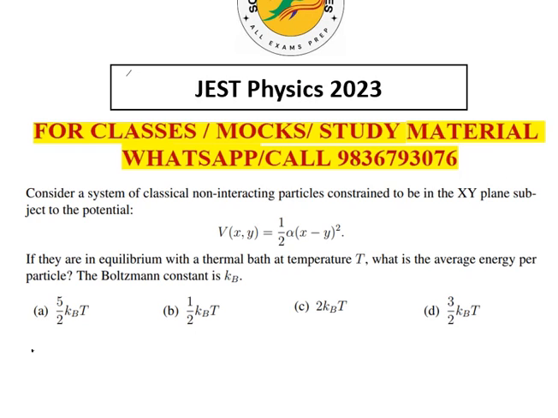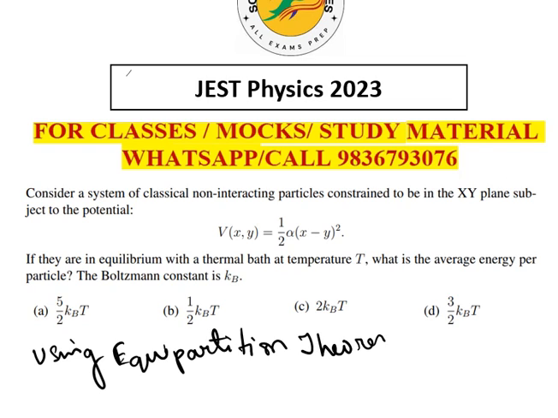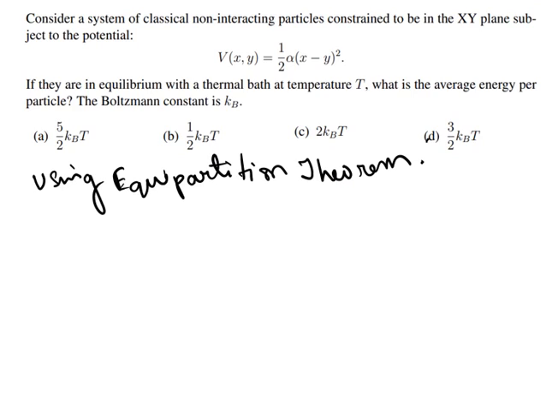Using the equipartition theorem, we can write that in the equilibrium state, each quadratic degree of freedom contributes half kBT to the average energy.